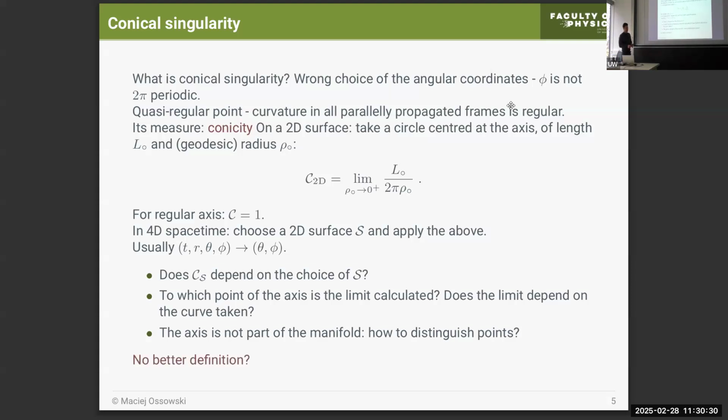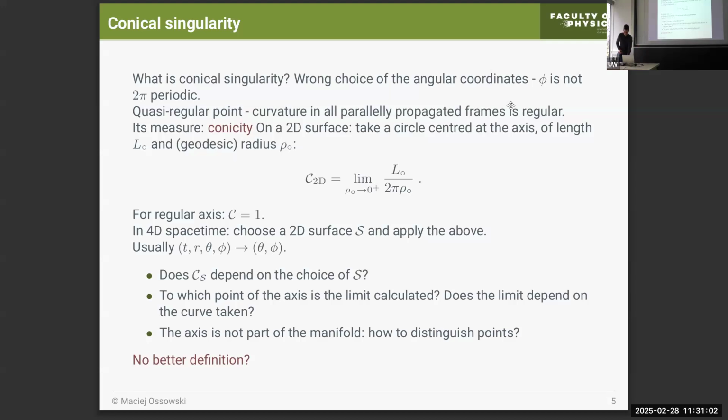I think we were quite surprised because it seems that there isn't in the literature, or at least we weren't able to find, any universally useful definition of conicity. Everything that we have seen happened in some specific choice of coordinates, which basically corresponds, choosing a coordinate would correspond to choosing this two-dimensional surface.